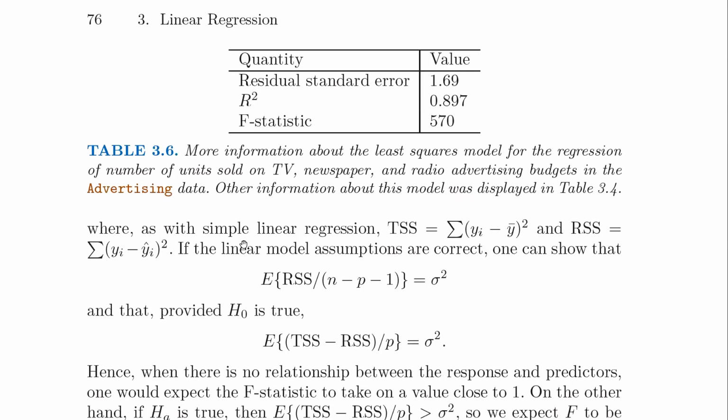As with simple linear regression, the TSS is defined as follows. You're looking at how far the y observation data is from the mean of y, squared and summed over the total number of observations.